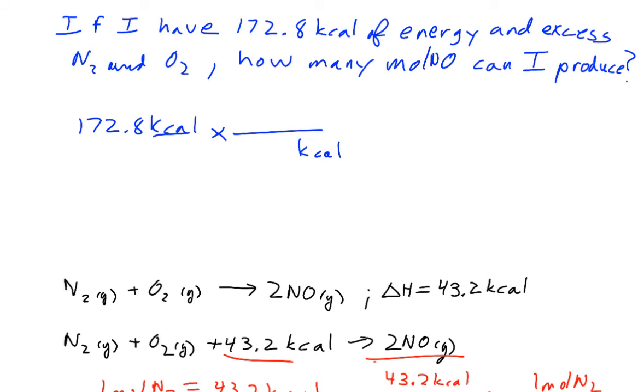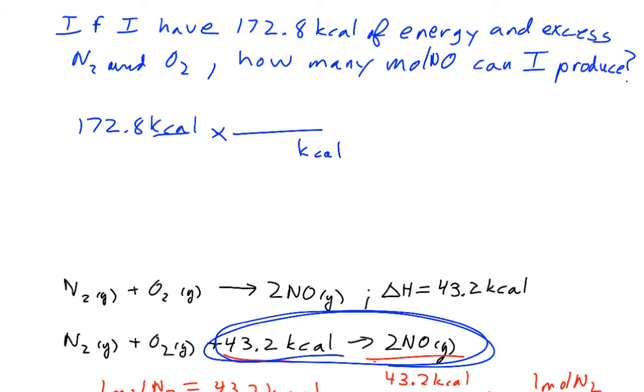Yeah, my chemical equation gives me one. It tells me that 43.2 kilocalories is equivalent to 2 moles of nitrogen monoxide. Hey, moles of nitrogen monoxide are what I'm looking for. So I just need to multiply everything on top, divide through by everything on the bottom.